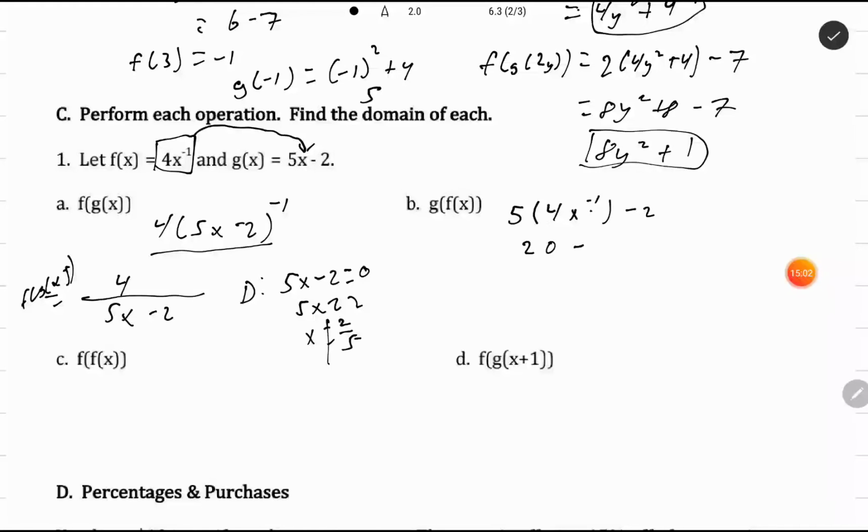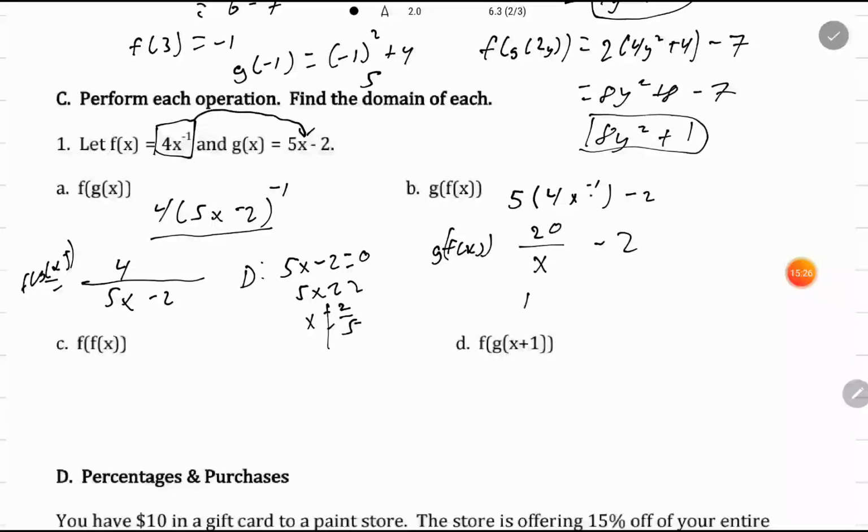Wait a minute. Sorry. Yeah, 5 times 4 is 20, and then x goes on the bottom, and then we have minus 2 over here. Right? Okay. So that is our function, g of f of x. So our domain: x cannot equal 0.